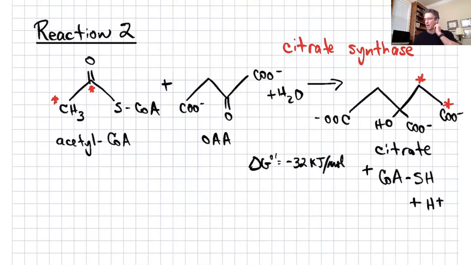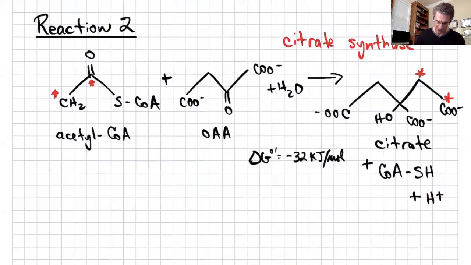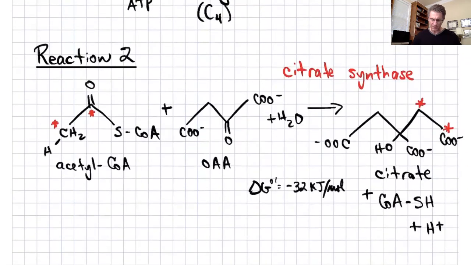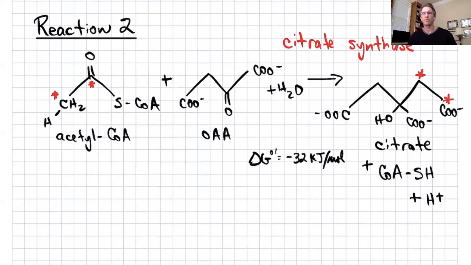All right. And so the reaction we're essentially looking at here in this condensation reaction, if you want a slightly more detailed view of it, we're going to take this in some stages. Essentially we're going to abstract one of those protons from that methyl group on that acetyl group.